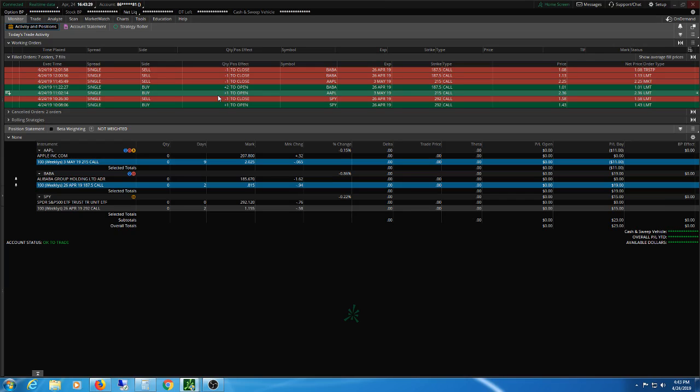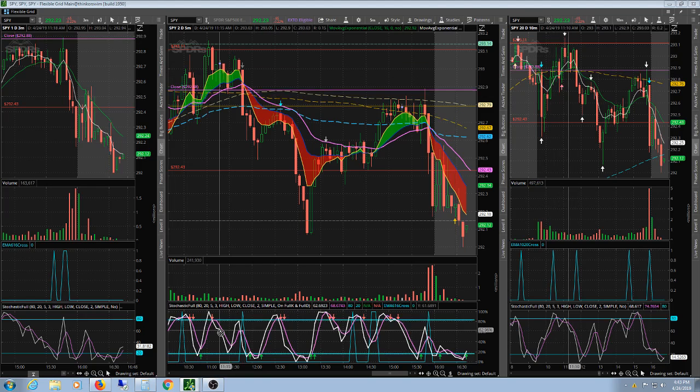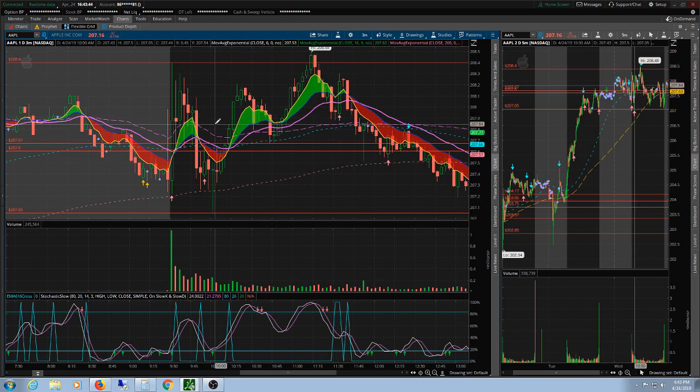Next week's 215 calls. Yeah, I need more computer. This thing's just not powerful enough. I got in, where did I say it was? 11:02, right about here. Right at the beginning of this candle I got in.